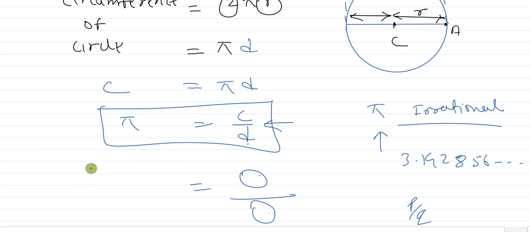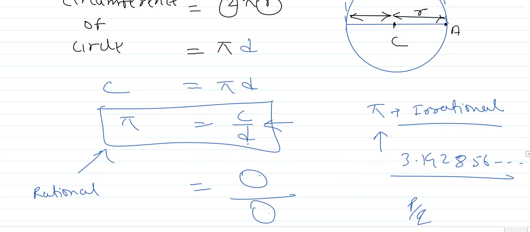But while explaining irrational numbers, you wrote pi is irrational. So there is a contradiction. How did it happen here?